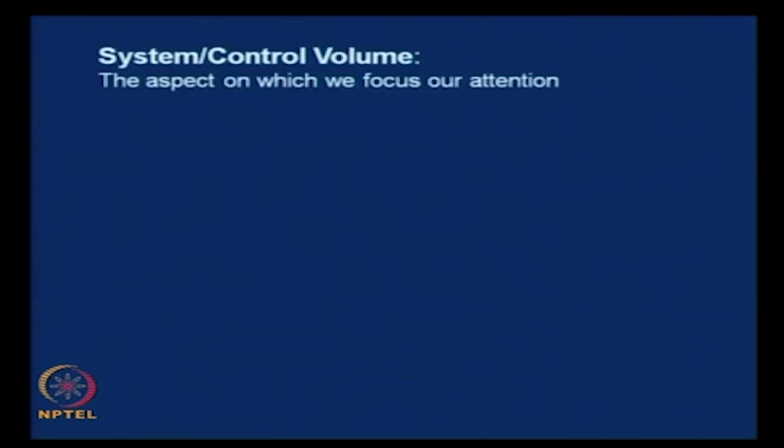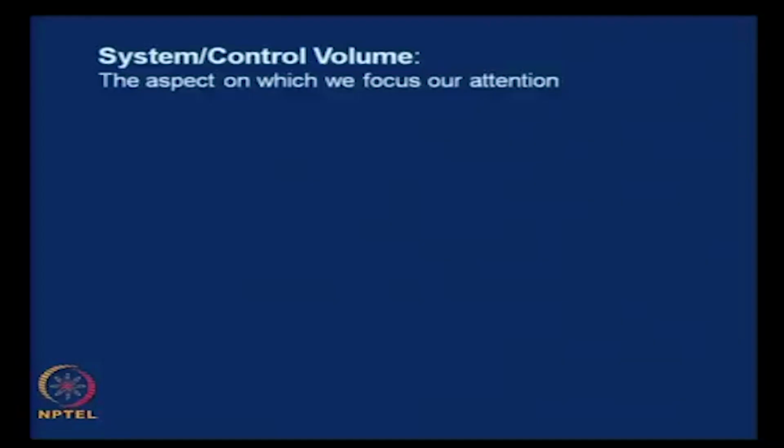The first concept that we are going to look at is called the system or the control volume. The concepts are very simple, and once we understand them and apply them, it makes it complete. System or the control volume is nothing but the aspect on which we focus our attention. I will explain this a little further as we go along.